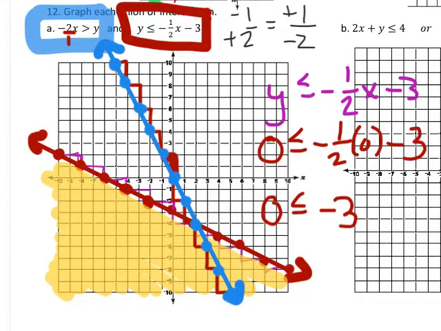So the final thing we need to do here is, there's a couple things still that we must do. And the first is to look at the original inequality. So we have this, it's just that it's greater than, okay?